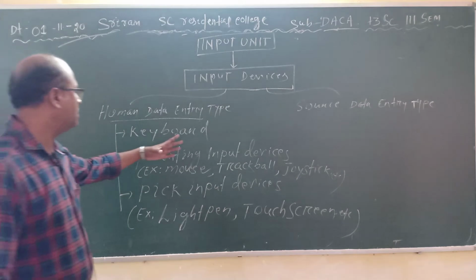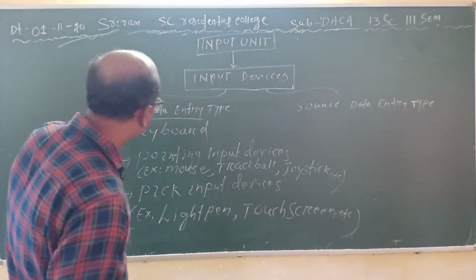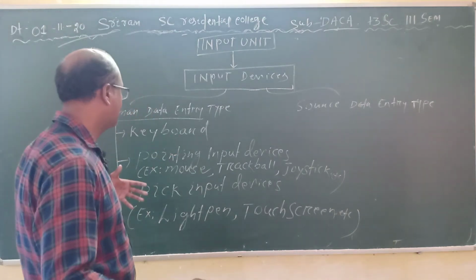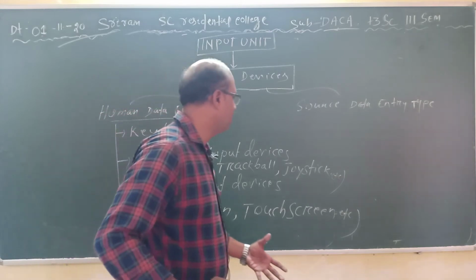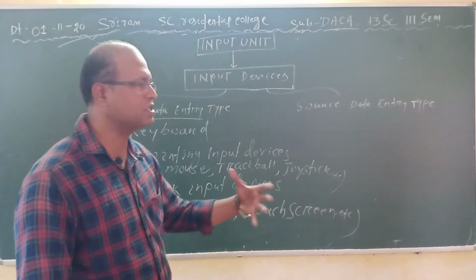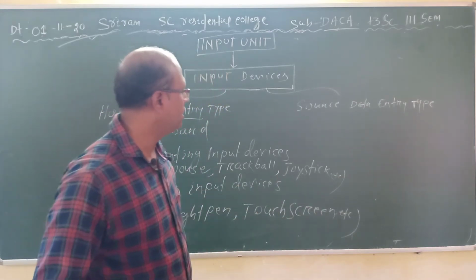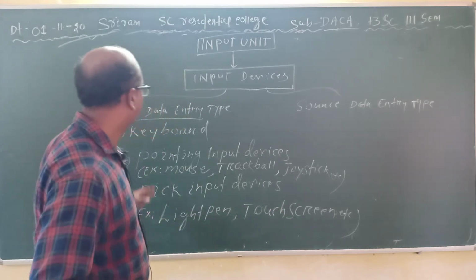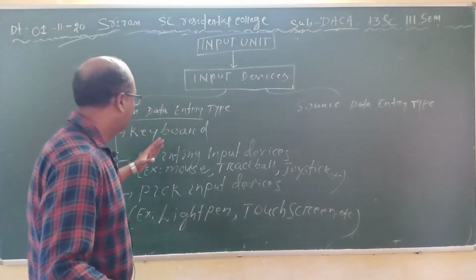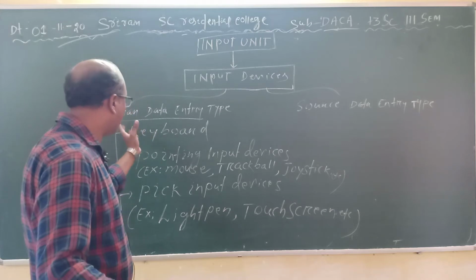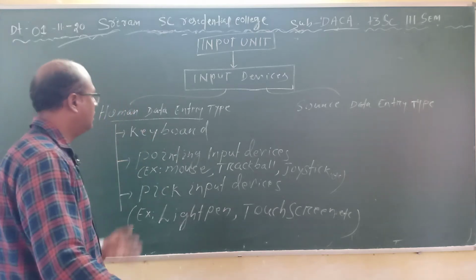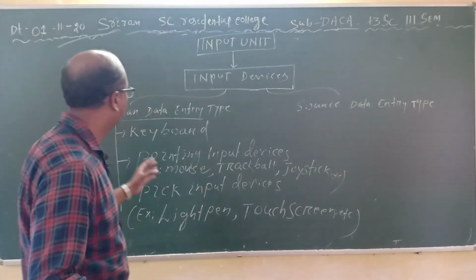Students, you already know that when you use the keyboard, mouse, or touch screen to enter data into the computer system or the mobile, there is a big role of a human being, and data is inserted into the system manually.